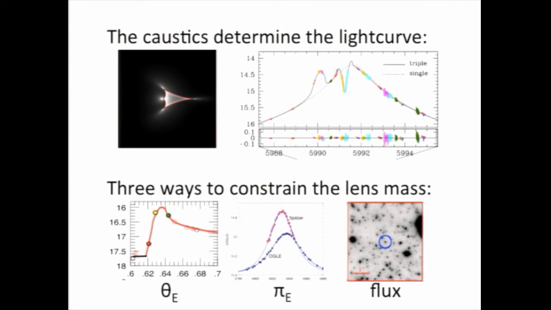If you look at the lower right-hand corner, you have that bar for 1 arcsecond, and you can see that in any 1 arcsecond PSF, you're going to combine the light from several stars. When Virginie made her measurement, what she measured was the combined light from the lens and the source. She subtracted off the known source component based on the microlensing light curve, and the light left over was the light from the lens.